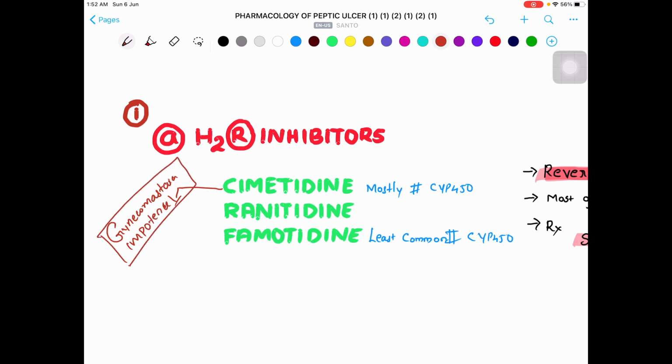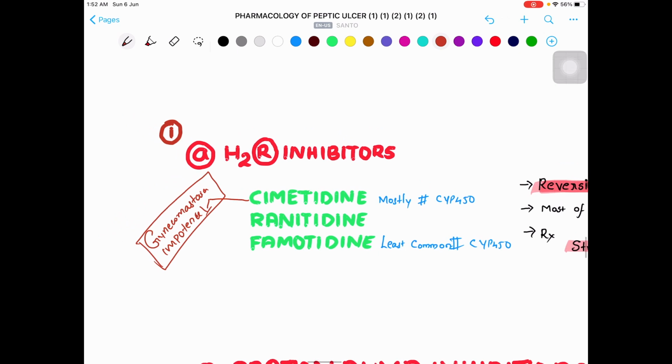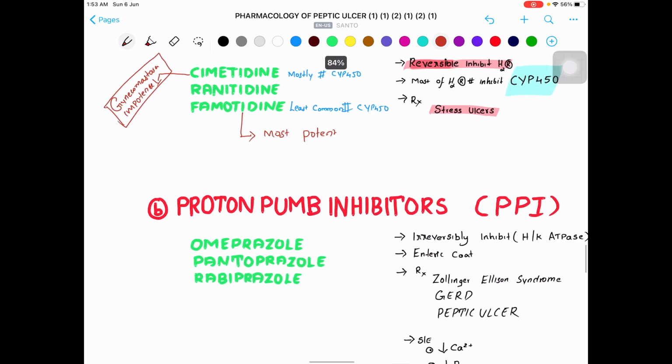This is seen with cimetidine. Also remember that famotidine is the most potent among H2 receptor inhibitors.